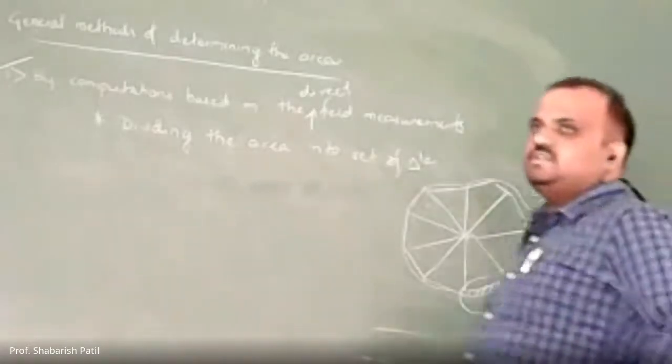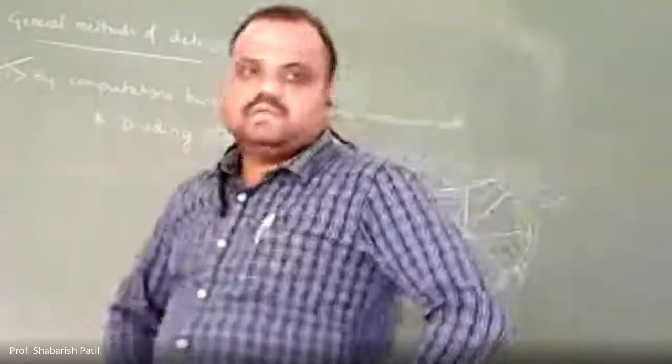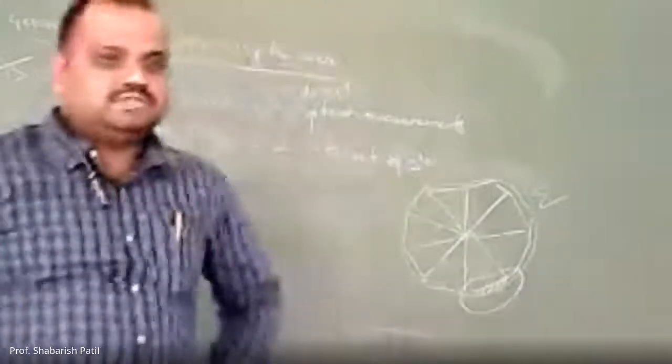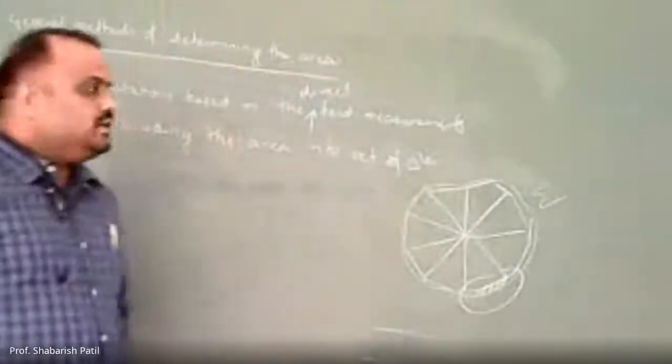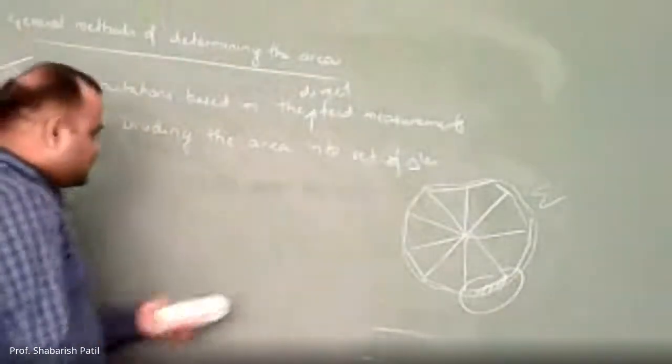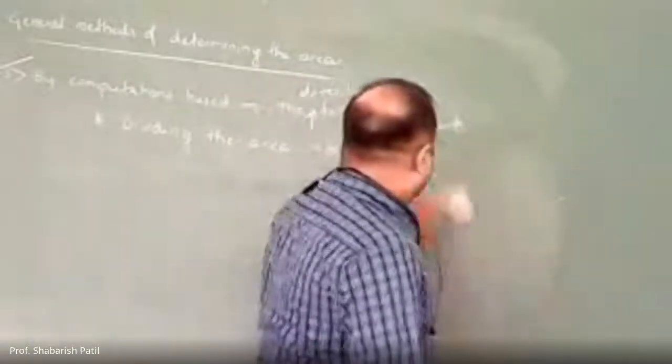It happens sometimes. That's why these methods are not exact methods; they are estimates. We are going to estimate the area and the volume. So dividing the area into a set of triangles, that's the first part.